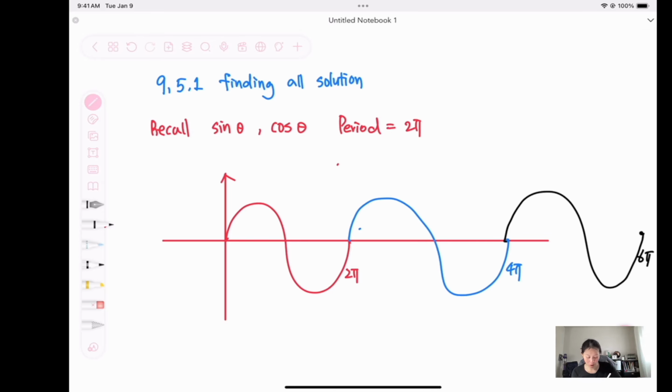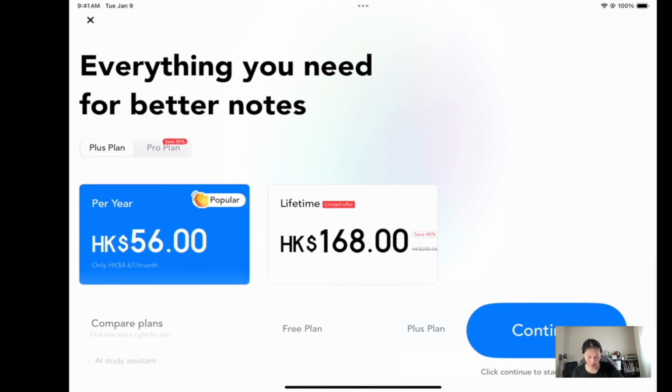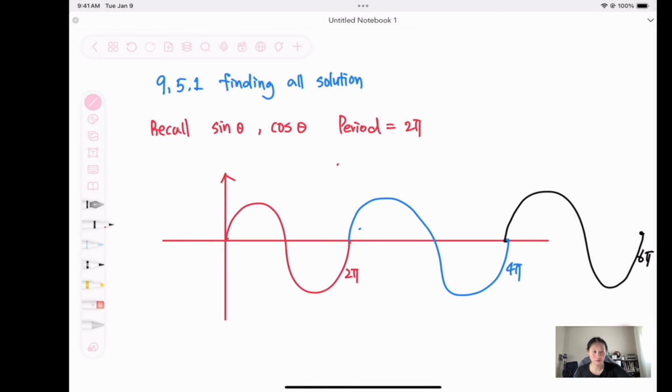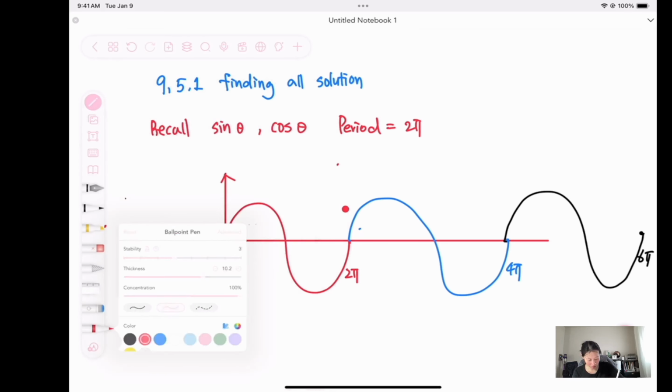So for example, if I let y equal maybe one half, will you be able to see this?